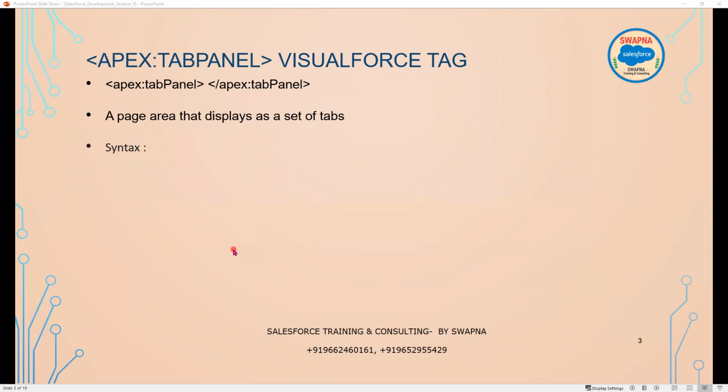Syntax: apex:tabPanel, inside this we will have a set of tabs, and then the closing of apex:tabPanel. Take notes of it. The Apex tab panel Visualforce tag has an open and close tag, and by using this, we can display the set of tabs. The syntax is apex:tabPanel, within that we will add different tabs, and then we'll have a closing tab panel.